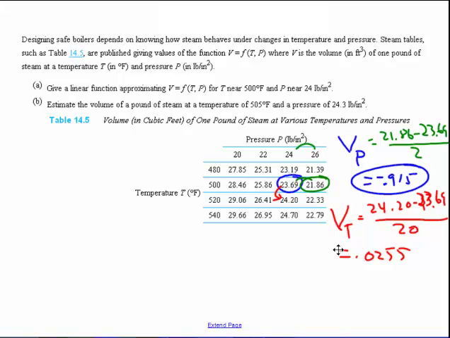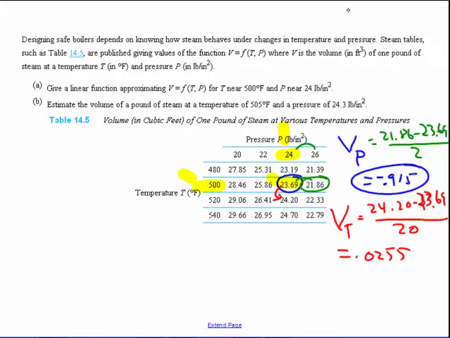Okay, so now we have the partial derivatives, and we know the x value, the y value, and the z value, or rather the temperature, the pressure, and the volume.